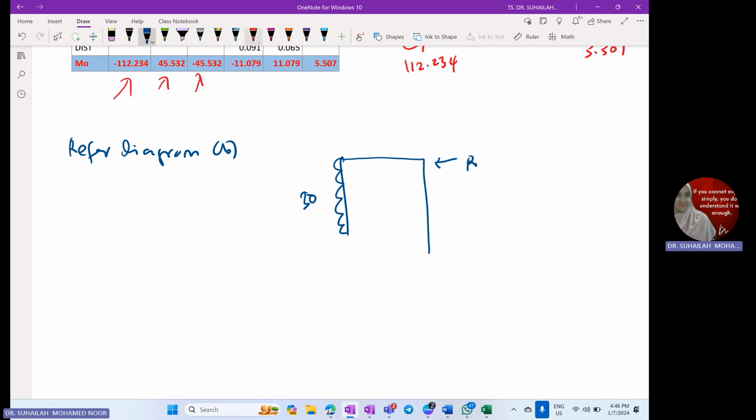Okay, and then we have to draw all horizontal forces inside the diagram. When we put these two directions for AX and DX, we can put in any direction that we like.